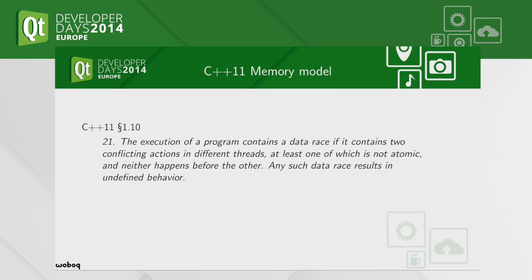So if you have a boolean, for example, bool quit, and in your thread you loop and you check the value of quit, and in the other thread you say quit equals true when you want to stop your computation, well, that's not valid. That's undefined behavior unless it's an atomic variable or you do it inside a mutex.